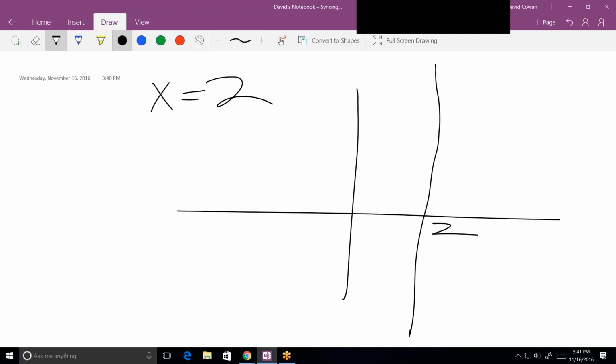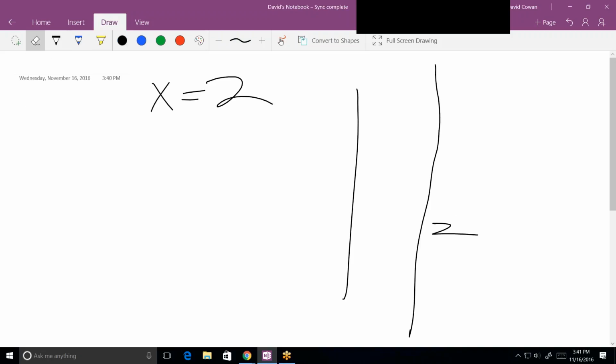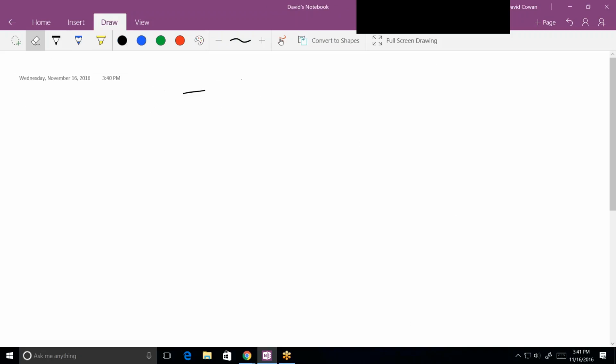Would it be 2 to 2? Yes. What's the range? Negative infinity to infinity? Okay. So you can talk about the domain and range even if there's only one variable in the function. But most of your functions are going to have two variables.